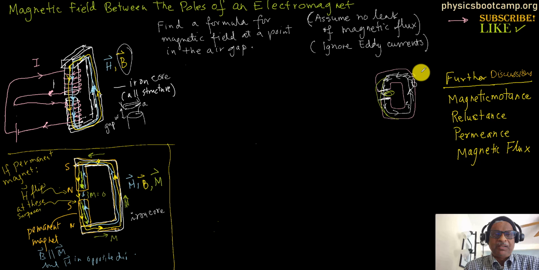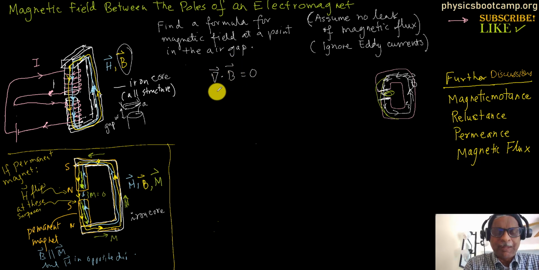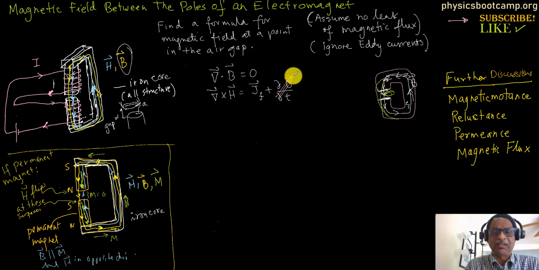Okay, for that, remember that you have a couple of laws. You have del dot B equal to 0 and del cross H equals J free plus dD/dt, and this has to do with the electric field, so we can just ignore this right now.